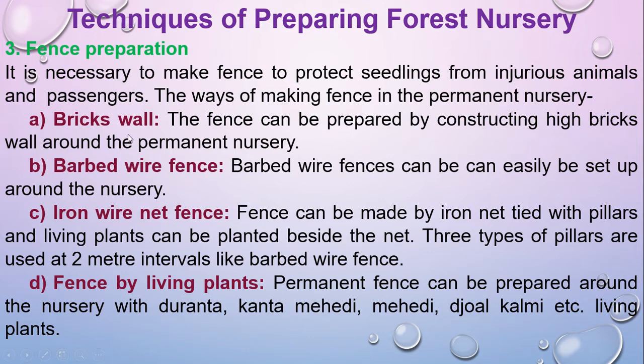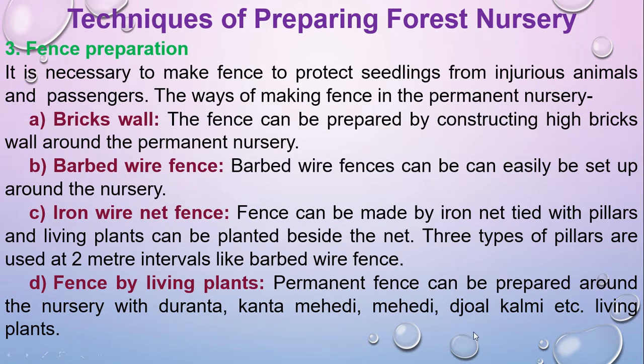Sometimes you can make brick walls, or sometimes barbed wire fence, or sometimes iron wire net fence, or sometimes fence by living plants as well. It depends on your ability, but whatever you use, make sure your nursery is protected from wild animals or thieves, everything. The strongest one will be brick walls. Some people use living plants, some iron-made, and some barbed wires.